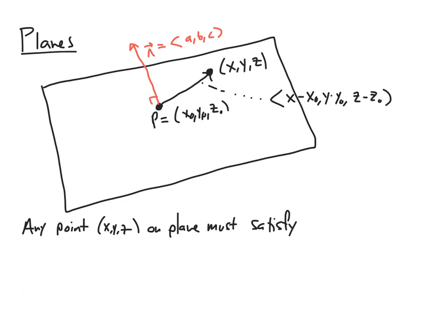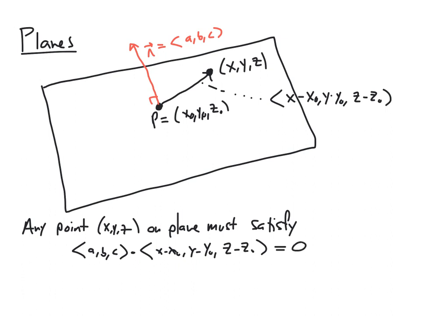So for any point x, y, z on this plane, the point must satisfy the equation a, b, c dot x minus x naught, y minus y naught, z minus z naught equal to 0.